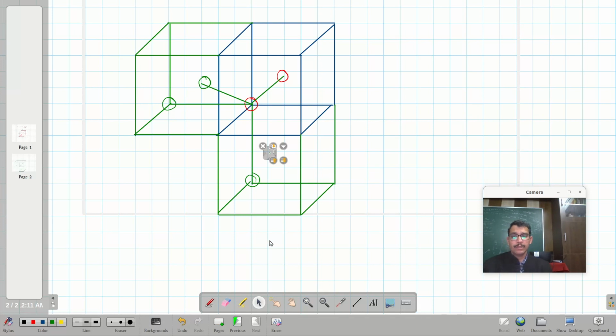Let me choose the atom. It should be a little bit here. Let me join it. When I join this, it can be joined this way.